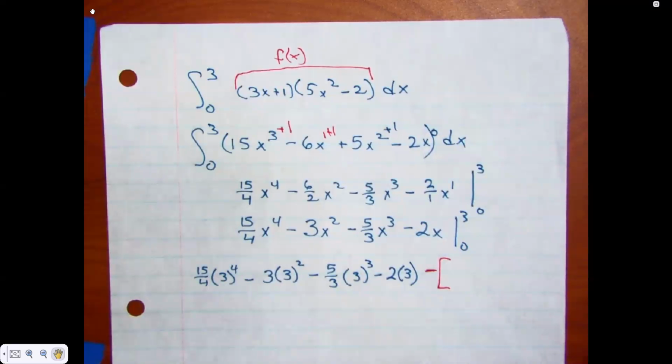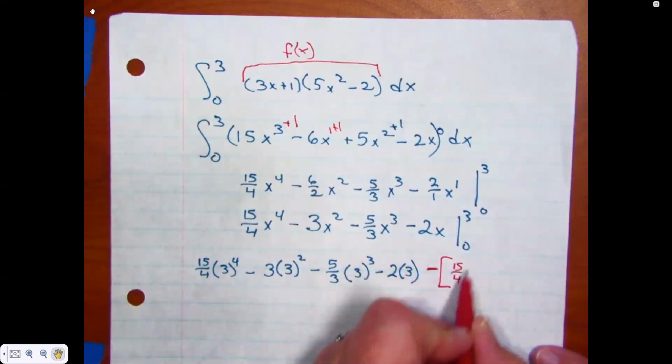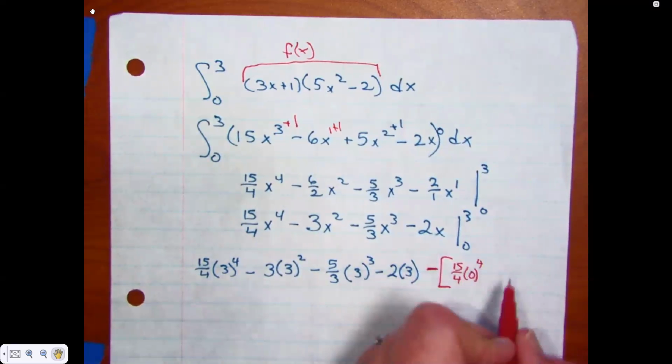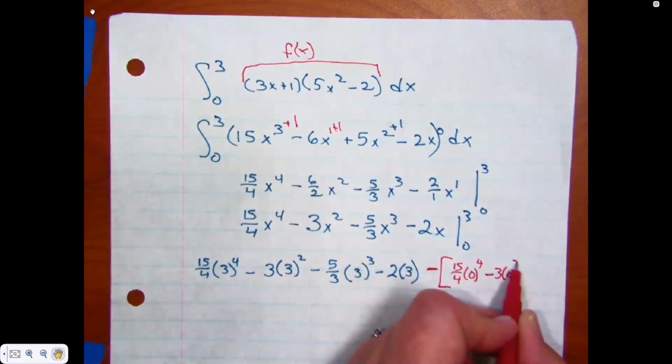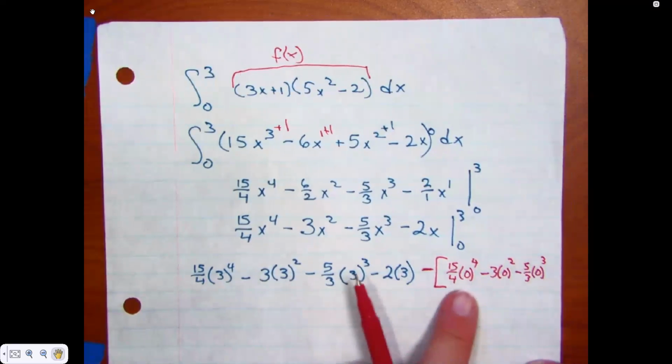What do we plug in the next time around? 0. So now we plug in 0. So it's 15/4, 0 to the 4th, minus 3 times 0 squared, 5/3, 0 cubed. I'm running out of room, but what happens when we multiply something by 0?